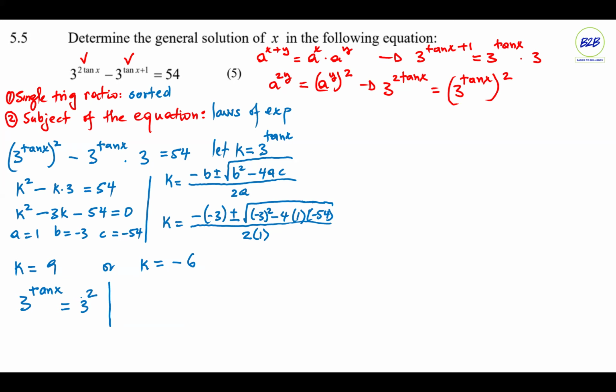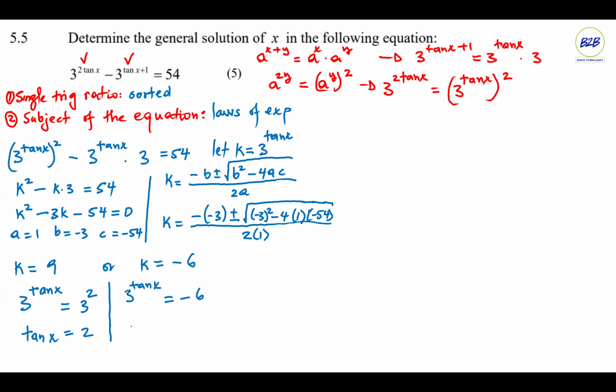Remember the law of exponents that we spoke about. When the bases are the same, we then equate the exponents. So tan of x is then equal to 2. Why? Because when the bases are the same, we then equate the exponents. Right. Then we come to this side. In the place of k, we substitute 3 to the power tan x, all of that being equal to -6.